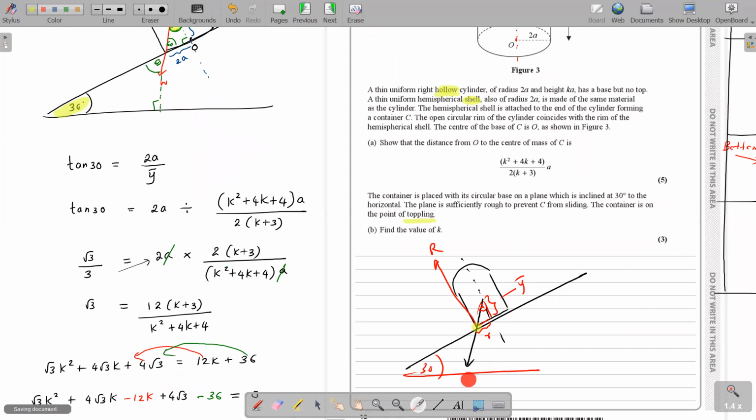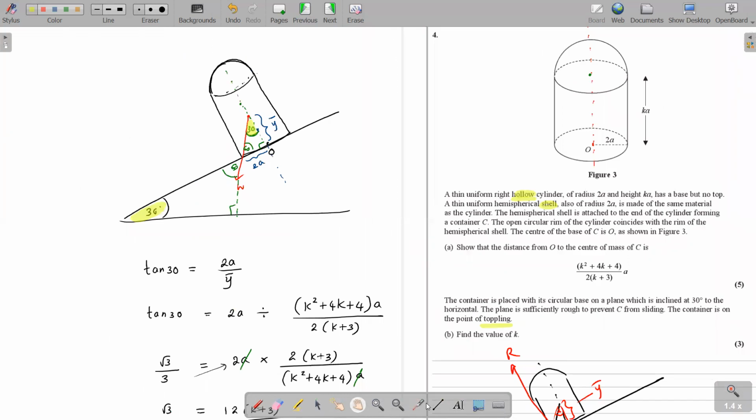The weight goes through the very last toppling point. The normal reaction is also acting at that very edge, and then you have the friction as well. The weight acts at the very last point, the normal reaction acts from here, and the friction, the resistive force, acts here. All three forces meet at this single point. This is where you have the point of toppling, when the weight goes through the very last point here.